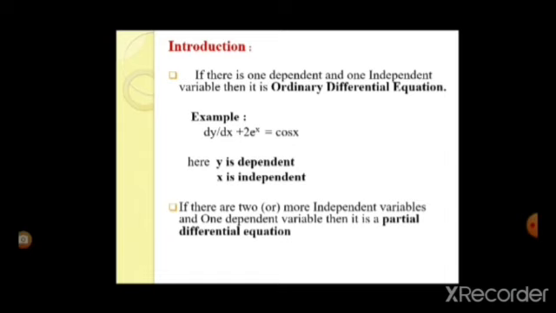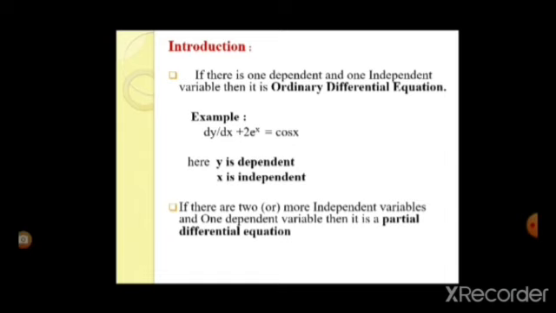Here y is the dependent variable and x is the independent variable. Why? Because here we are differentiating the variable y with respect to x. That's why y is dependent and x is independent here. This is about the ordinary differential equation, as you people already know from your earlier classes.